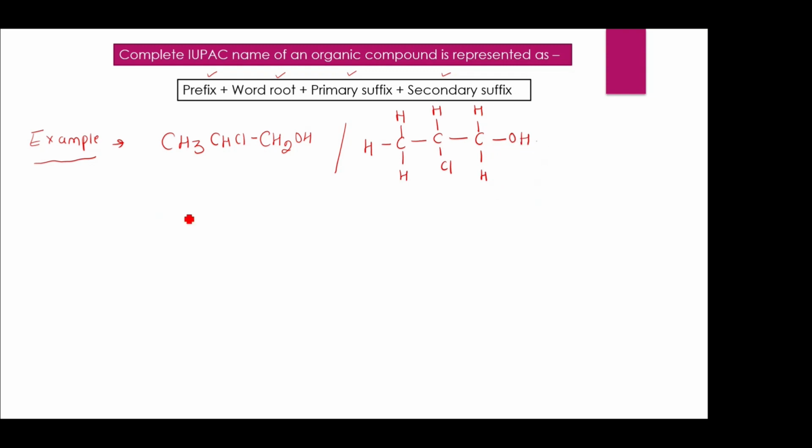So now you write. What is the word root? The word root is 1, 2, 3 carbon. So 3 carbon means the word root is prop. For the secondary prefix, because alcohol and chlorine are both present, alcohol will get the first preference and chlorine will get the second preference.